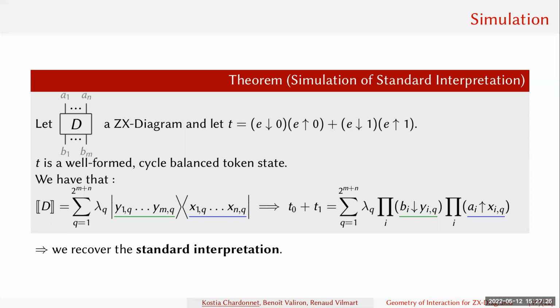In the first case, you have all the tokens on the output wires, giving the ket that you get from the standard interpretation. And every token that ends up on the input and going up represents the bra of the standard interpretation. So you really recover the standard interpretation.